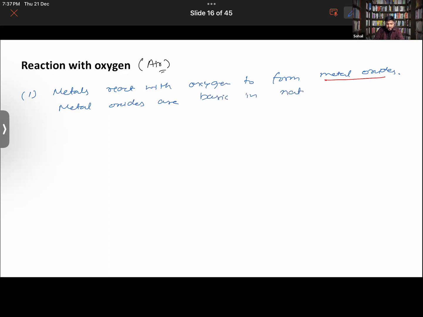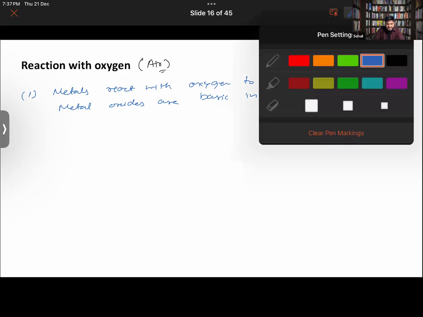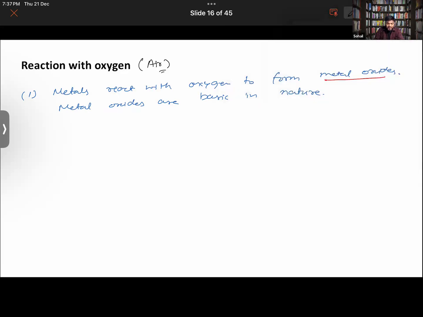You all must have studied acids and bases in class 7. So basically, metal plus oxygen, where oxygen comes from the air, gives metal oxide. Hope it is clear.